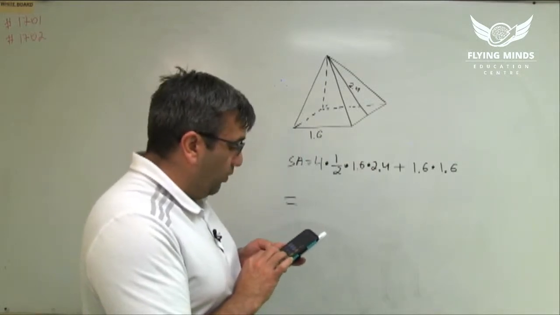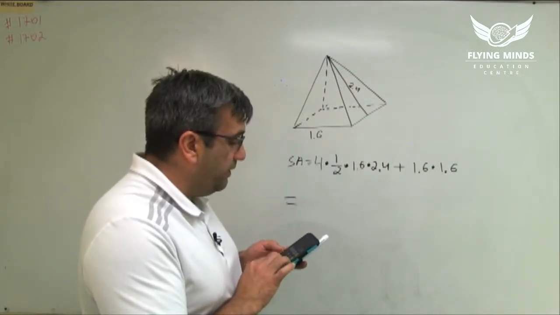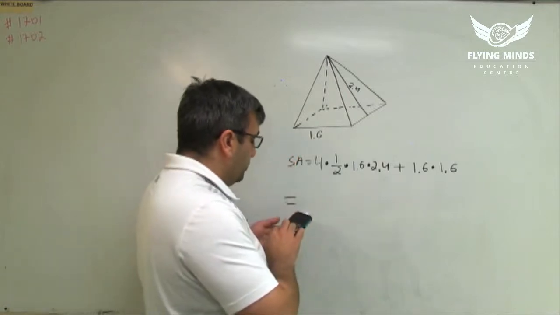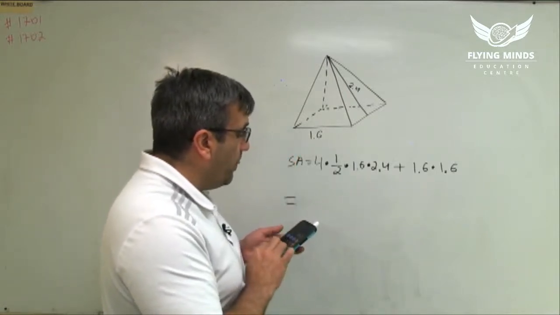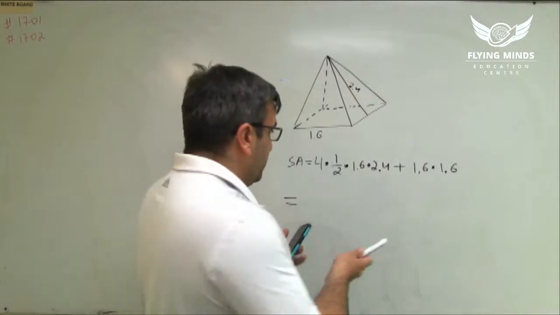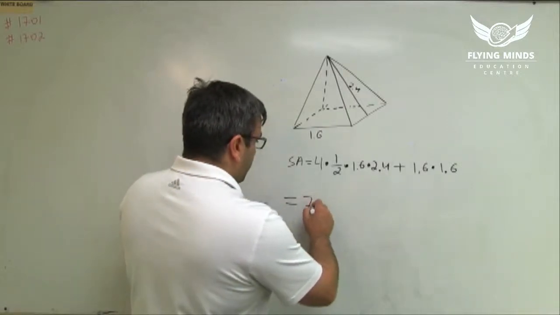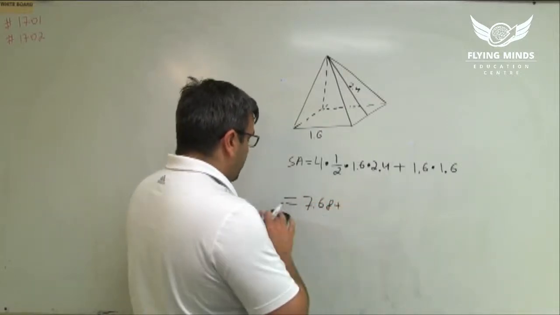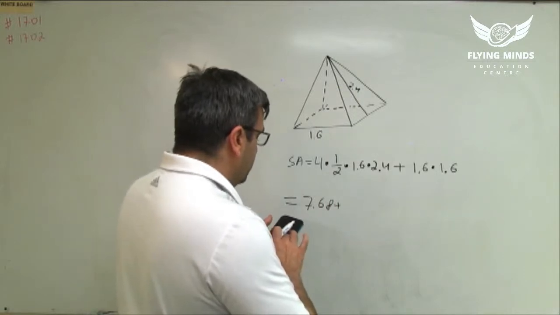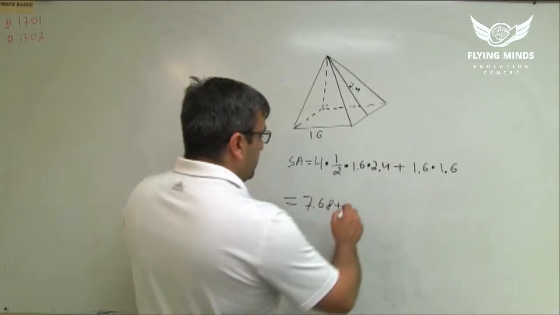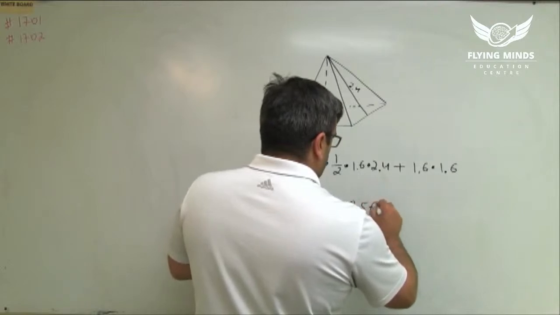Okay, let's try. So 1.6 times 2.4 times 2. Okay, so we have 7.68 plus 2.56.